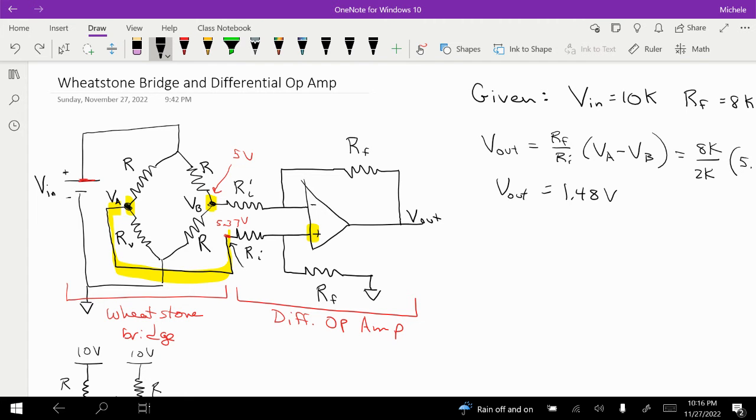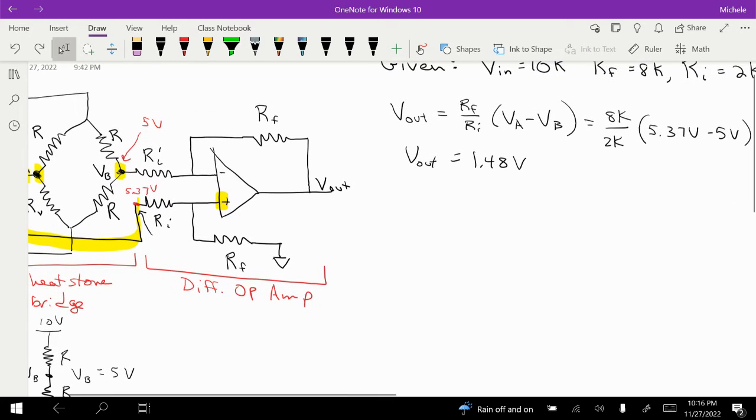I'm going to call this the bottom set, or the plus side of the op amp.